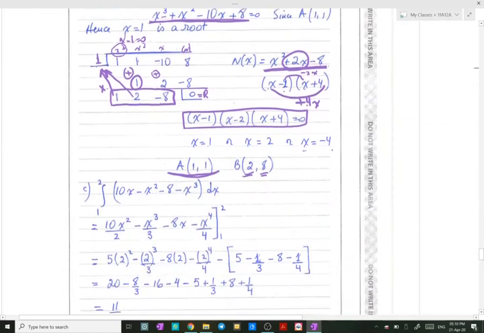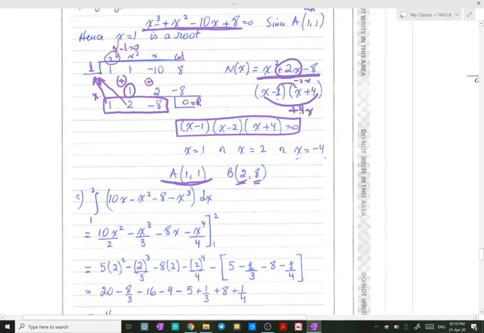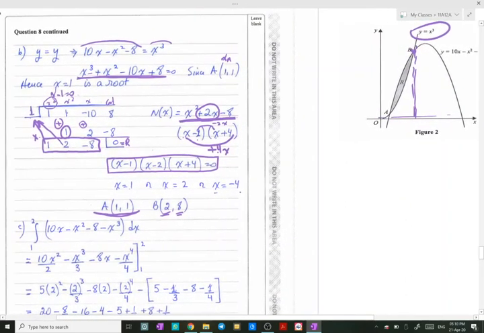So integrating, since it's bounded by x equals 1 to 2, if you look at the figure here you have x of A is 1, and we found that x of B is 2, and we need to find the region R shaded in here, and the bounds are going to be 1 and 2.